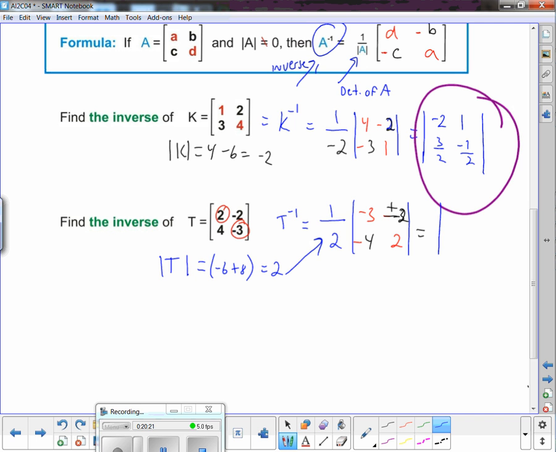One half times negative 3, negative 3 halves. 1 half times positive 2 is a 1. 1 half times a negative 4 is a negative 4 over 2, which is a negative 2. And 1 half times 2 is 1. There we go. Negative 3 halves, 1, negative 2, 1.